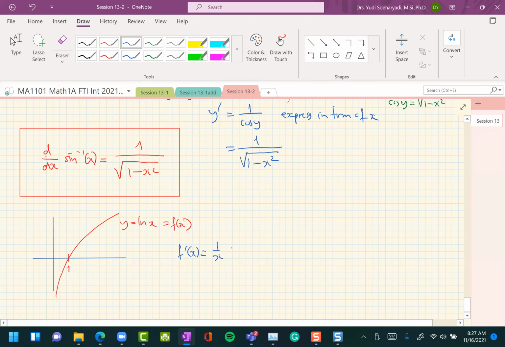That's why it is always positive for x positive.